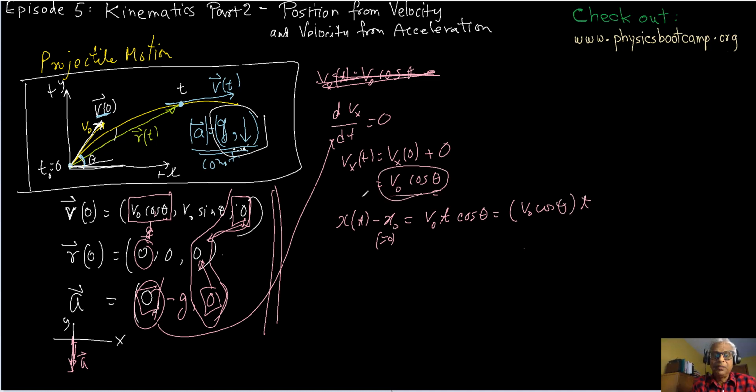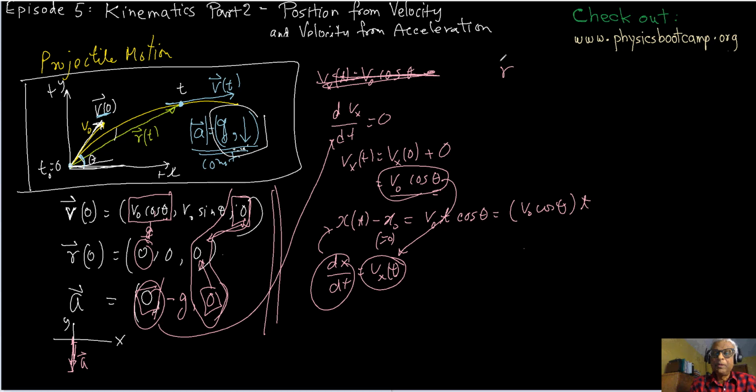This came from dx dt equals vx of t. So I put vx on that side and integrate it, and I get that. So I got the x.